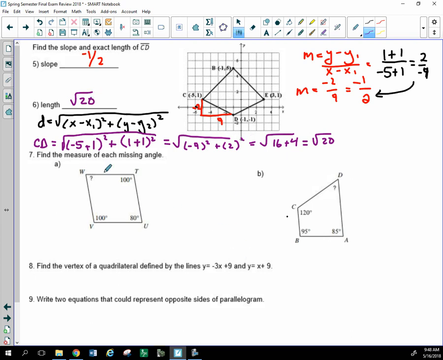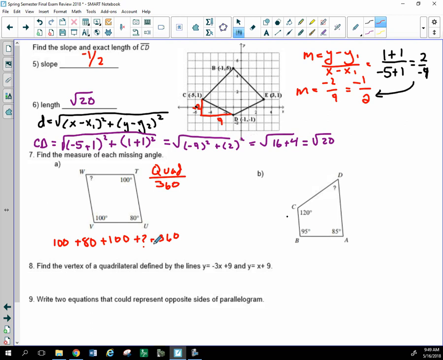Then we're going to move on to number 7a and find the missing angle in this quadrilateral. If you remember, all quadrilaterals add up to 360 degrees. So if the angles total 360 degrees, I could just add these up and say 100 plus 80 plus 100 plus the question mark will equal 360.